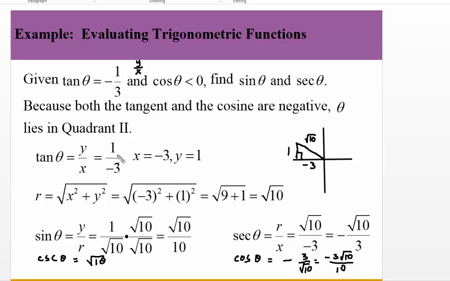And now that we know the tangent is negative 1/3, well, that last one here, the cotangent of theta, taking the reciprocal, that's a piece of cake. So lots of good examples evaluating the trigonometric functions here.